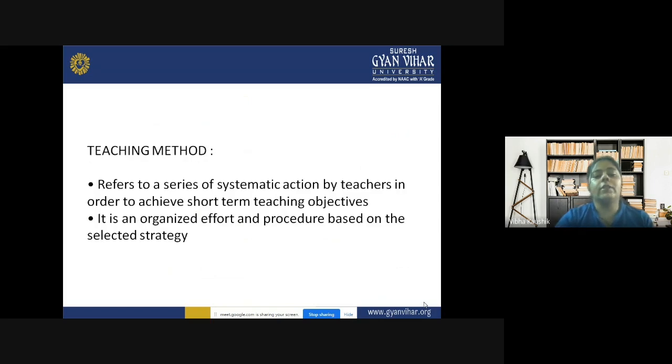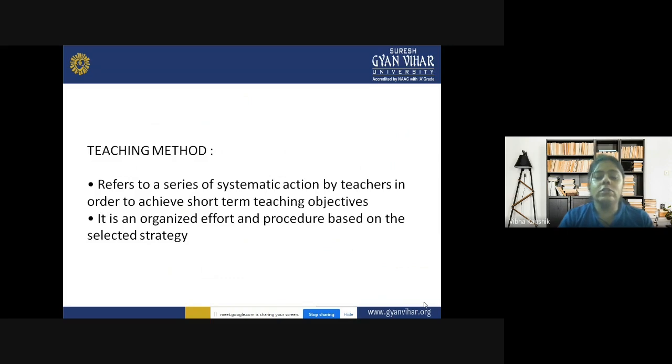Now, teaching method. What do you mean by the concept or the meaning of teaching method? It refers to a series of systematic actions. Means the teaching method refers to a series of systematic actions that will be taken by the teacher.